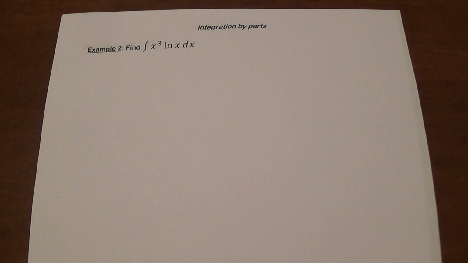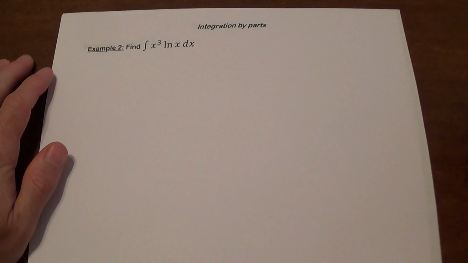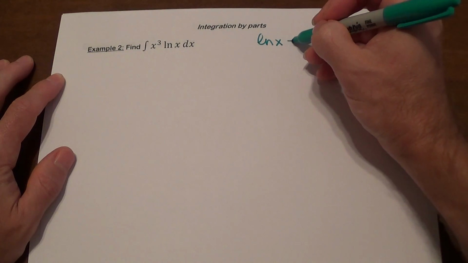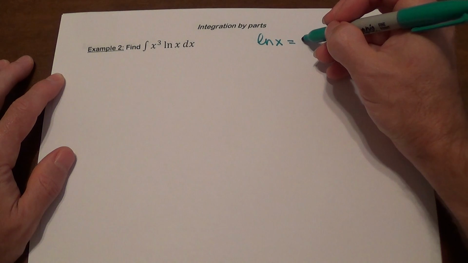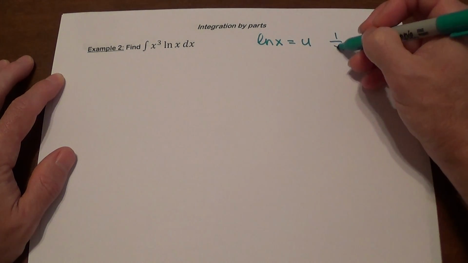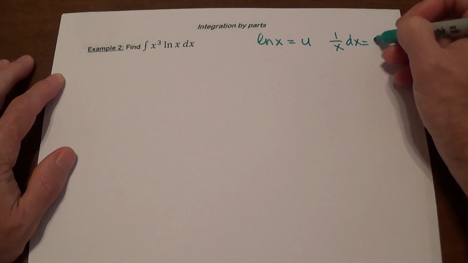Let's take a look at the next example. So this one's a little different. We have ln x, and what makes it a little bit easier is that we do not really have a formula for integrating ln x. So it seems natural to say that ln x is going to be u, and then you differentiate that. That's going to be 1 over x dx equals du.